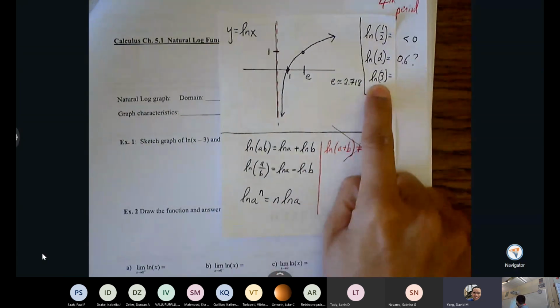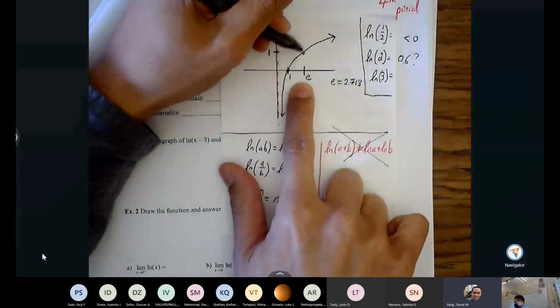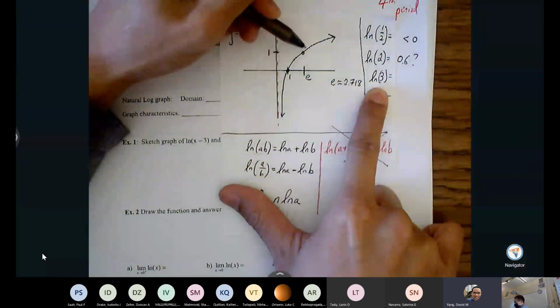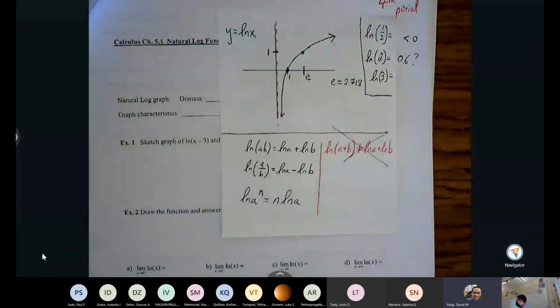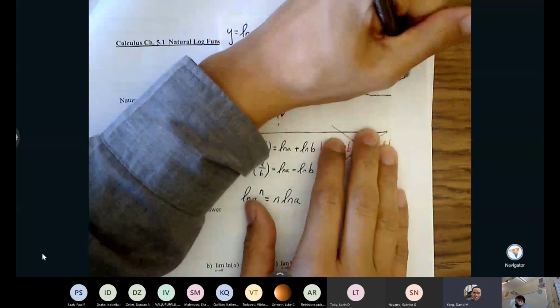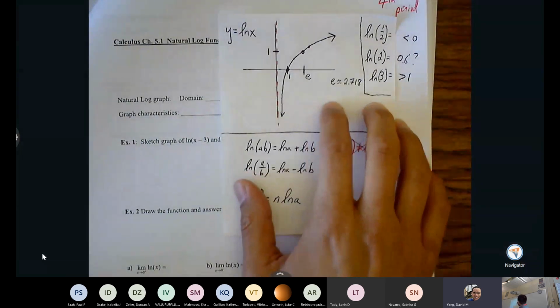Okay, how about natural log of 3? Positive and after e. Okay, after e. What about the y value, though? If it's sitting here, let's say, greater than 1, but not much greater than 1, right? Natural log rises at such a slow rate. It's greater than 1, so it's probably like 1.7 or something. Oh, sorry, even less than that, 1.1. All right, so it's barely above 1.